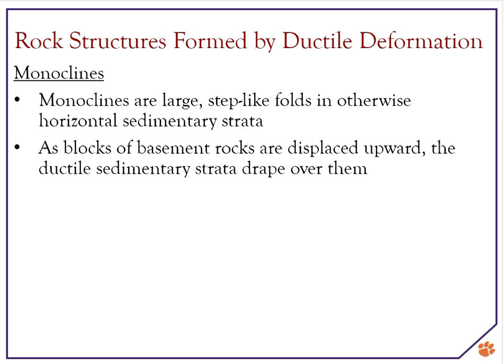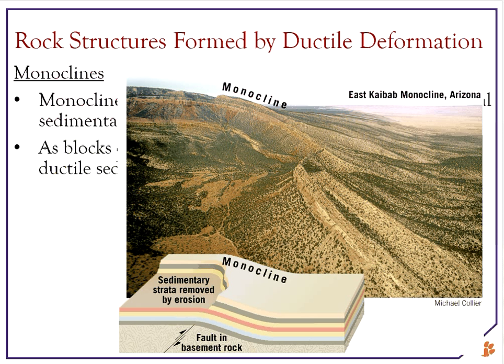Another type of rock structure formed by ductile deformation is monoclines. Monoclines are large step-like folds, and they come from normally horizontally lying sedimentary layers. The blocks of basement rocks are going to be displaced upward, and then the ductile sedimentary strata will drape down over them. Here we see an example. Over here, we normally have perfectly horizontal layers at the beginning. But then there is a fault in the basement rock.